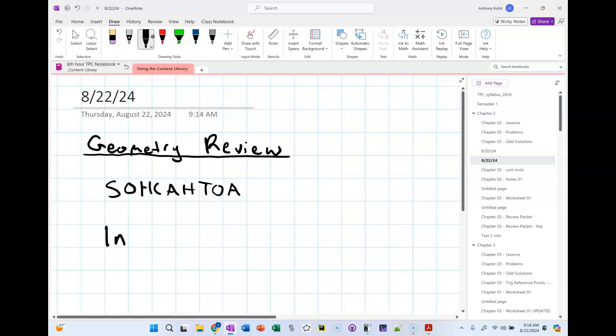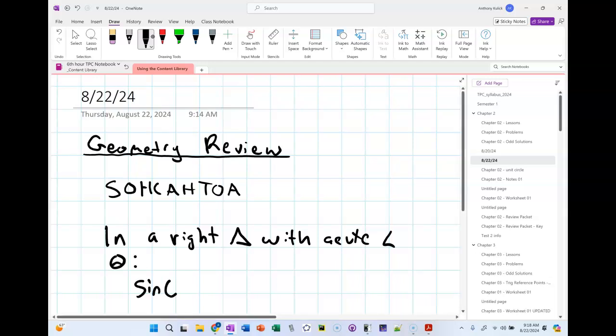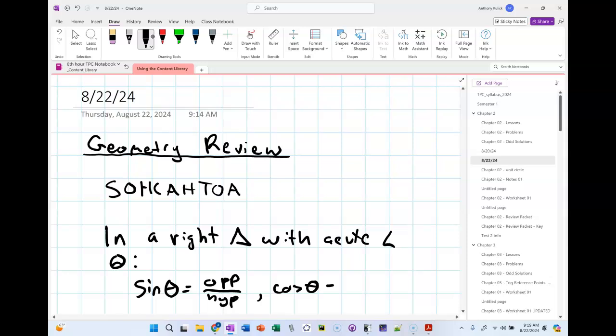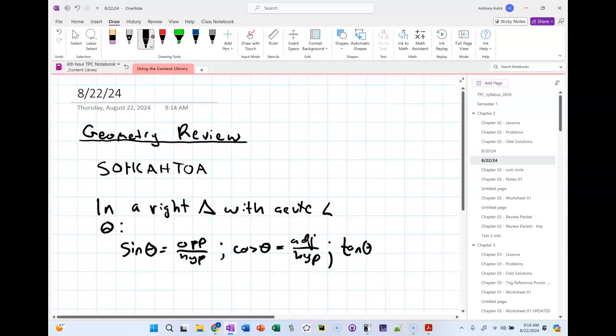It's just like the mnemonic definition, but it says in a right triangle with acute angle theta, sine theta equals opposite over hypotenuse, cosine theta equals adjacent over hypotenuse, and then tangent theta equals opposite over adjacent.